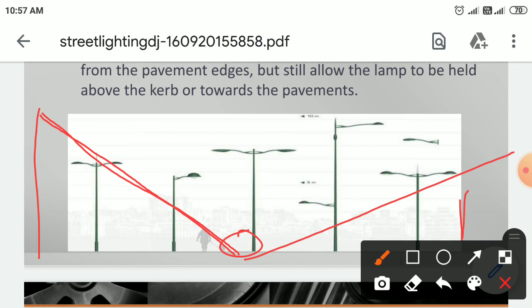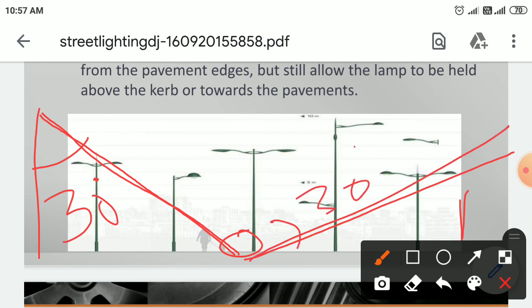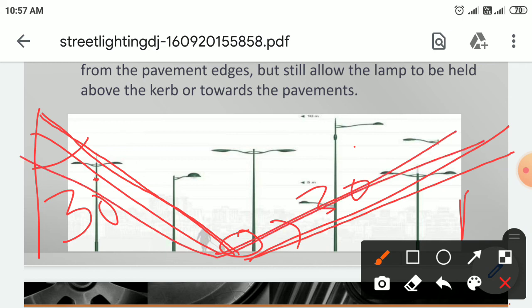That means if it is incident at a 30-degree angle, it will be reflected at a 30-degree angle only. If it is 20 degrees, the reflection is 20 degrees. If it is 30 degrees, the reflection is 30 degrees. So at whatever angle the light is incident, the same angle it will be reflected back. That is called specular reflection.